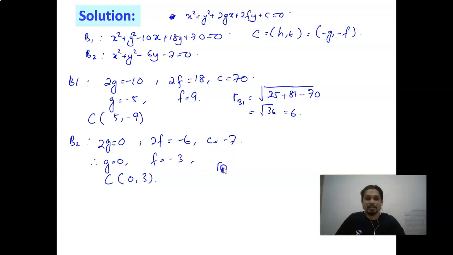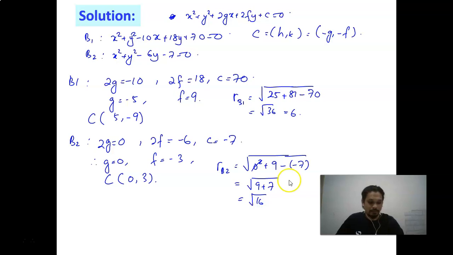And the radius of B2, okay, g squared equal to 0 plus f squared, negative 3 squared, equal to 9, minus negative 7. Okay, 0 plus 9, negative becomes positive, square root of 16, which is equal to 4.